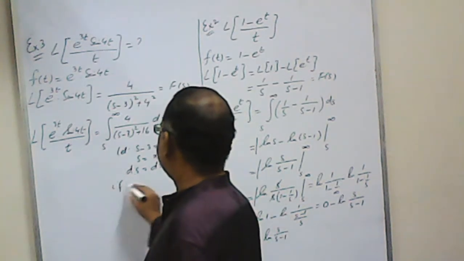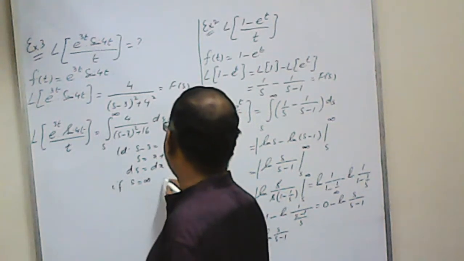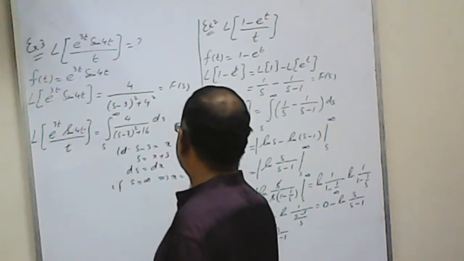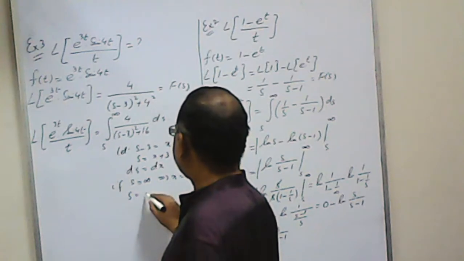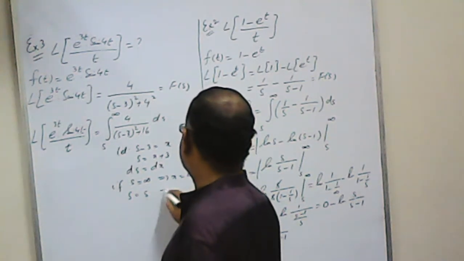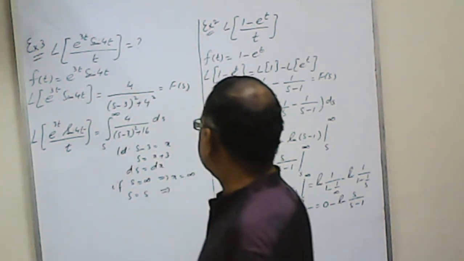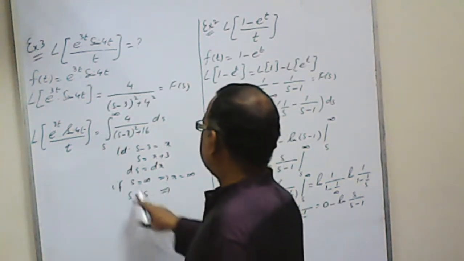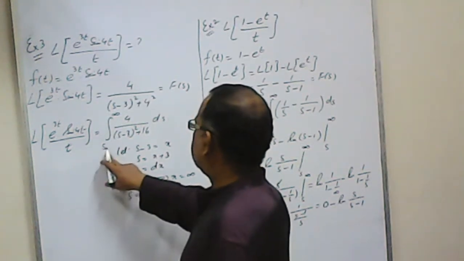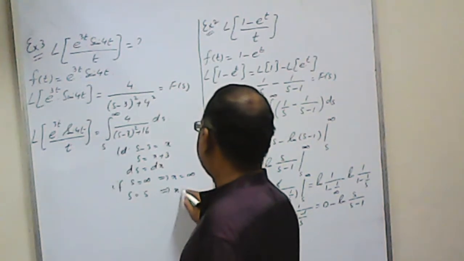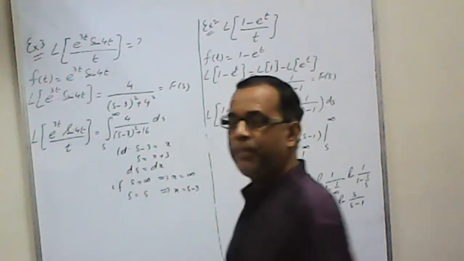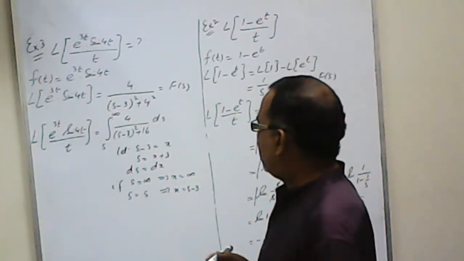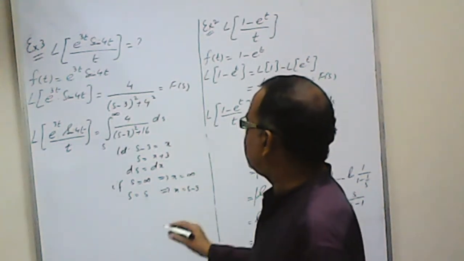Then if s is equal to infinity, x will also equal infinity. If s is equal to s, then x will be equal to s minus 3 as written here. So now we can easily substitute all these values here.